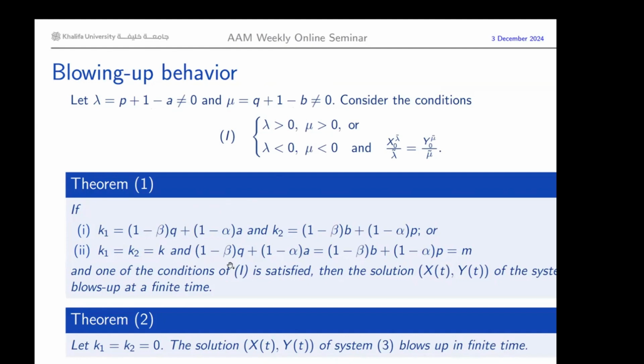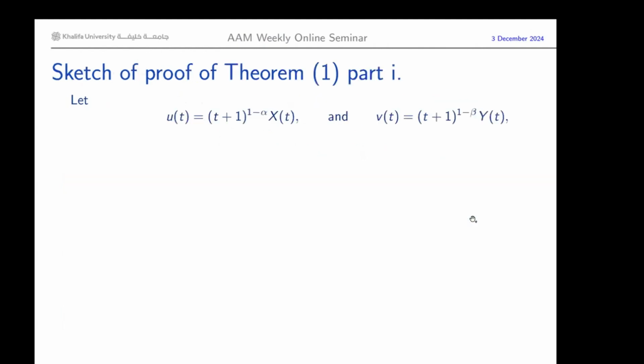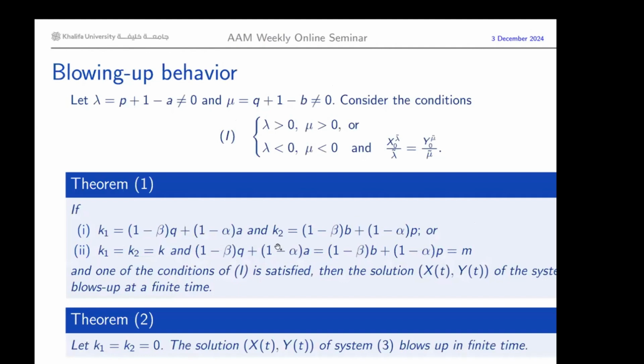If K1 and K2 satisfy the following condition, and lambda and mu don't compete in sign, and when it is negative, it satisfies the following condition. So if one of these conditions is satisfied and K1 and K2 satisfy the following condition, then the solution indeed blows up in finite time. Also, when K1 and K2 equal 0, then our solution also blows up in finite time.